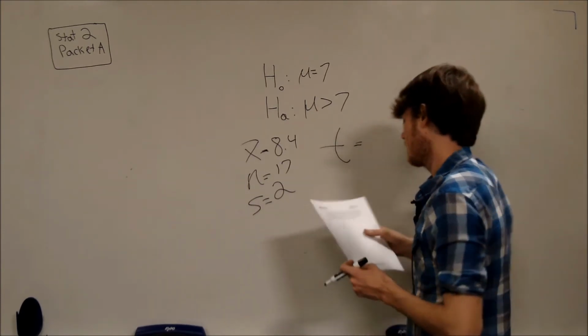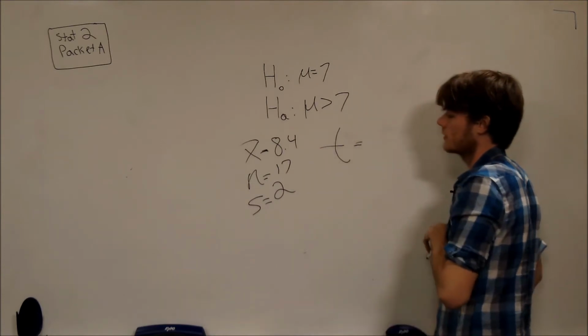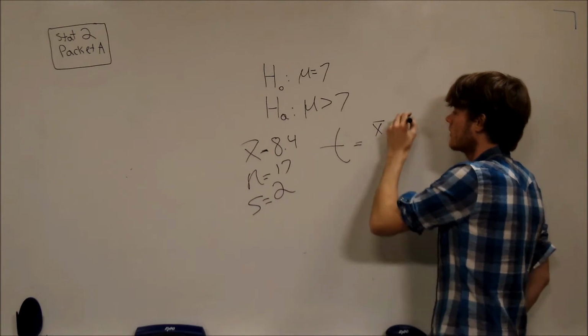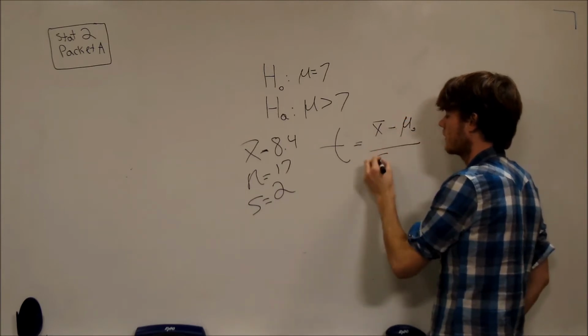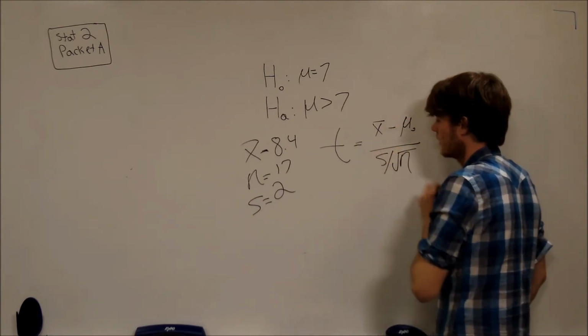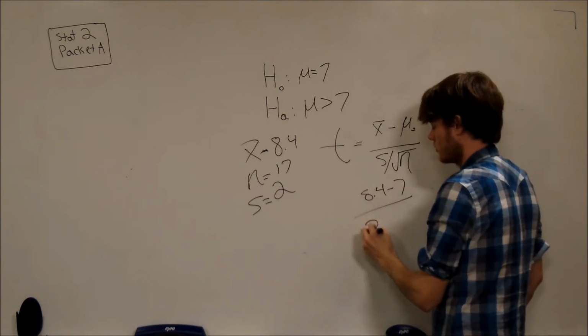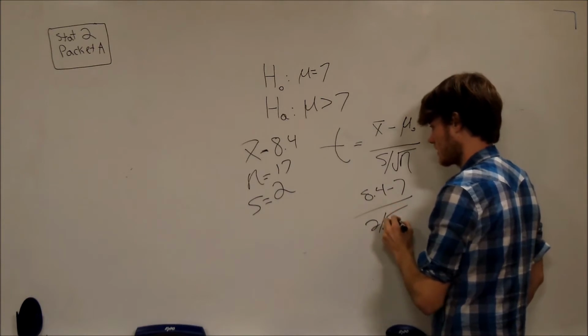Okay, so how do we do the t-test? Pretty easy. x bar minus mu naught over s over the square root of n. So we find 8.4 minus 7 over 2 divided by the square root of 17.